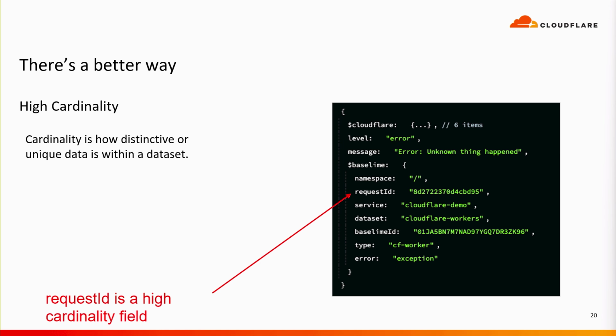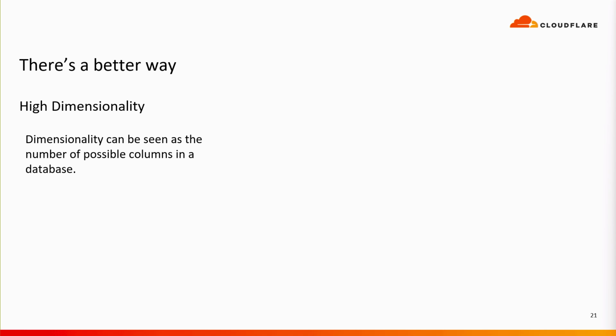The second thing is high dimensionality. Dimensionality can be seen as the number of possible columns in a database or data set. So we saw previously about 10 fields in that JSON object. That's a very low dimensionality object.